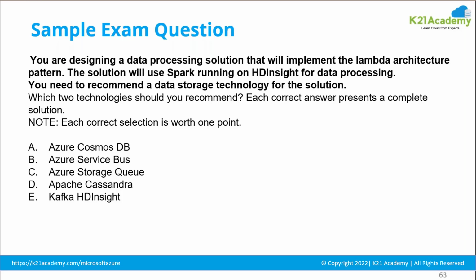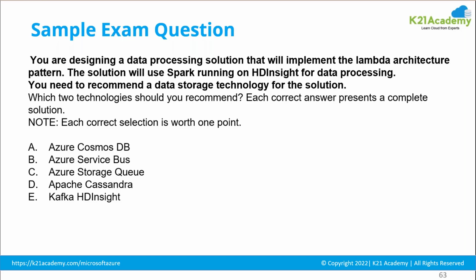The options are Cosmos storage, Service Bus storage, storage queue storage, Cassandra storage, and Kafka on HD Insight, which is for ingestion. True or false? Ingestion using the Kafka cluster and Kafka topic and the subscriptions. So these people are running Spark on HD Insight for the real-time hot layer, so they need an ingestion point for that.